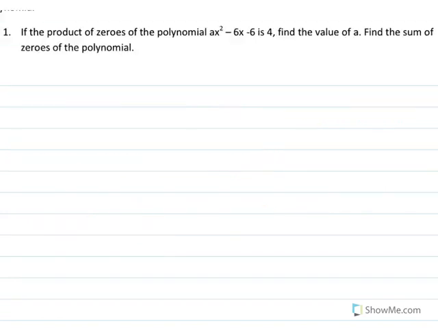If the product of the zeros of a polynomial is 4, find the value of a, and find the sum of the zeros of the polynomial. So here we have the polynomial. This is our polynomial, that is ax square minus 6x minus 6.